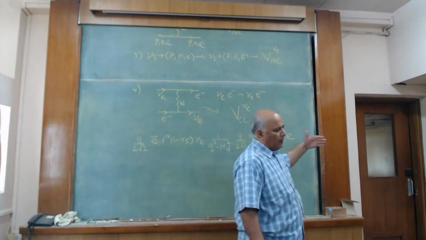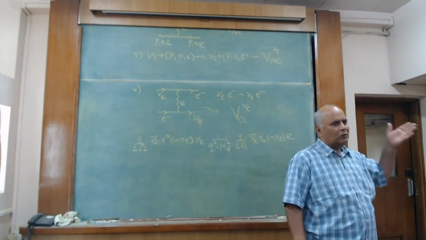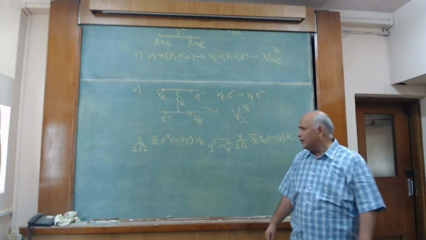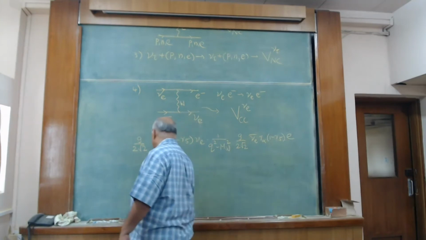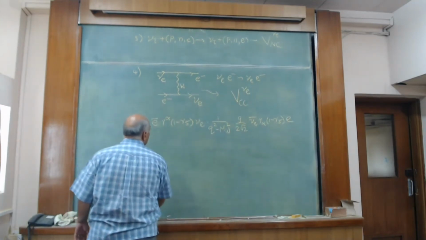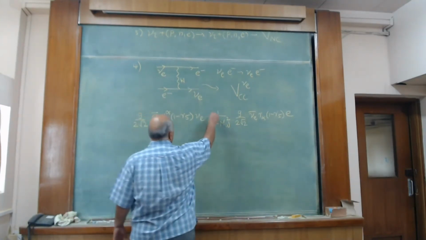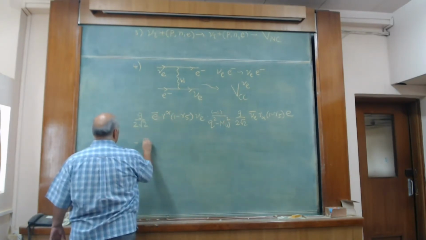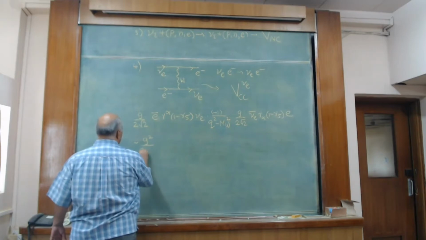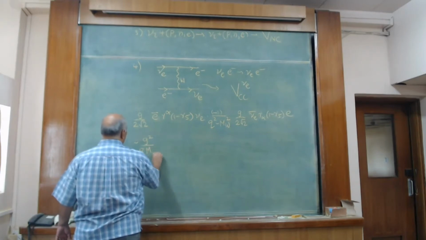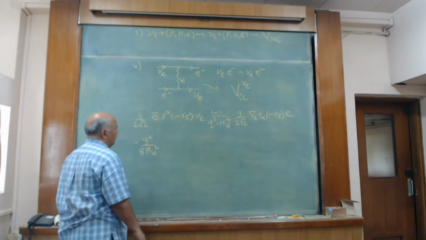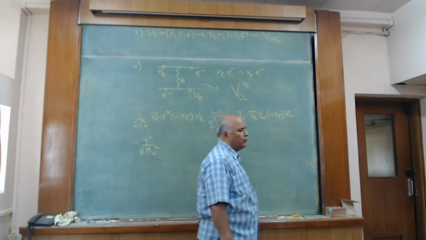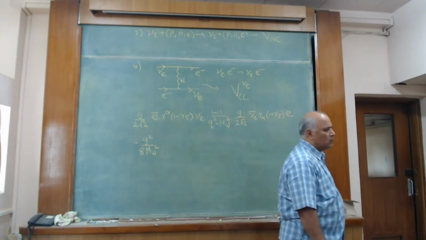For forward elastic scattering, q is very small, I neglect it. Actually there is a minus sign here. So this is G squared by 8 mW square.